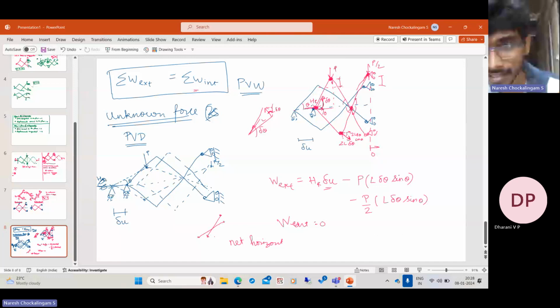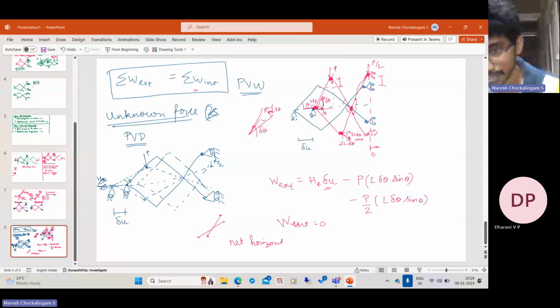So the net horizontal virtual displacement is equal to 2L delta theta cos theta plus L delta theta cos theta. So this is nothing but 3L delta theta cos theta. Now just rearrange the equation. So we have work done is equal to 0.